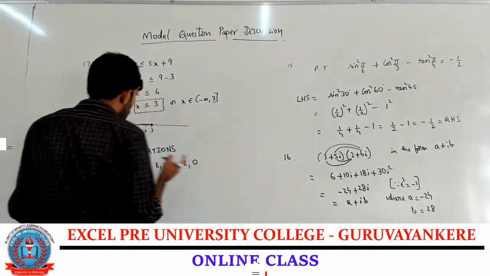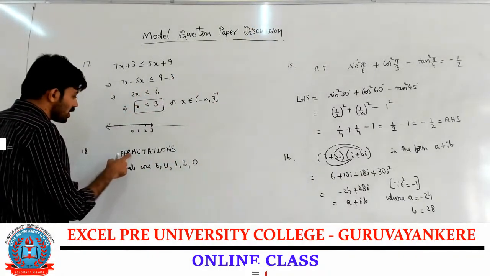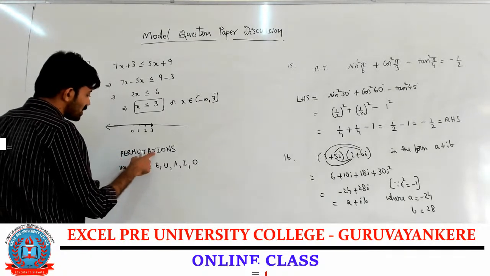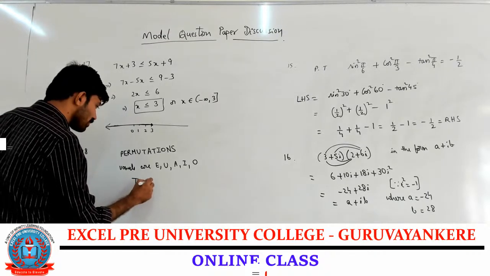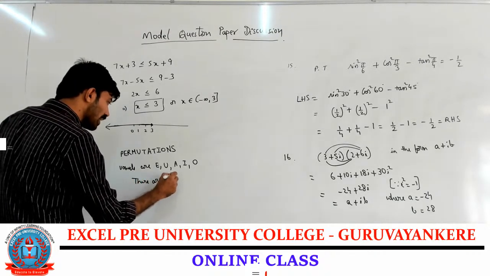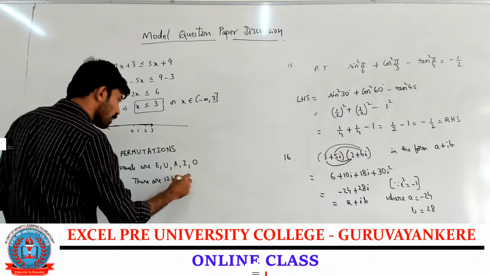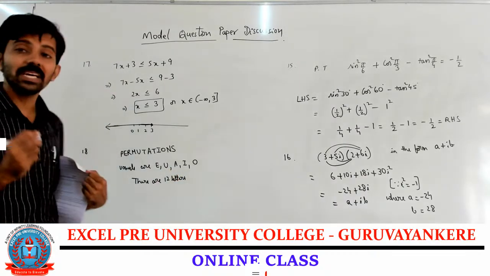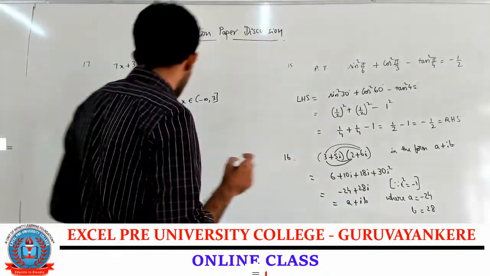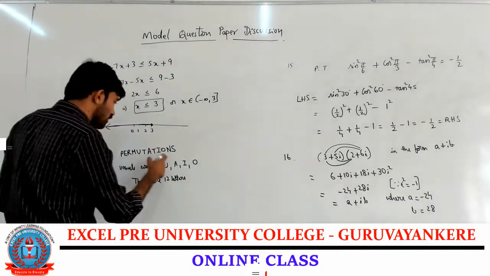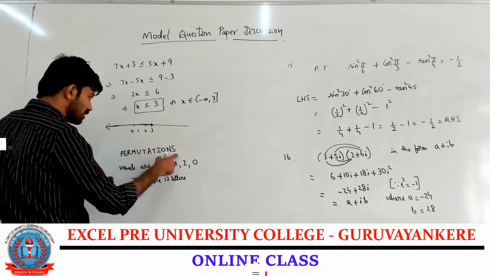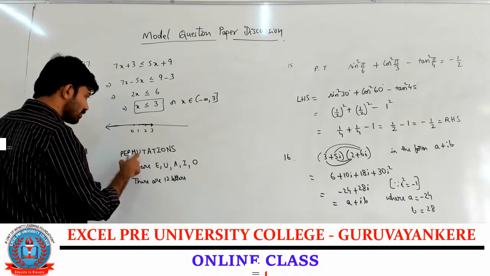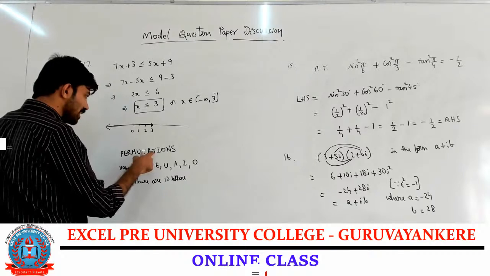How many letters are there in total? Count: 1, 2, 3, 4, 5, 6, 7, 8, 9, 10, 11, 12. There are 12 letters. Out of this, you have to count if there is any repetition. P appears only once, E only once, R only once, M only once, U only once, T appears 2 times.